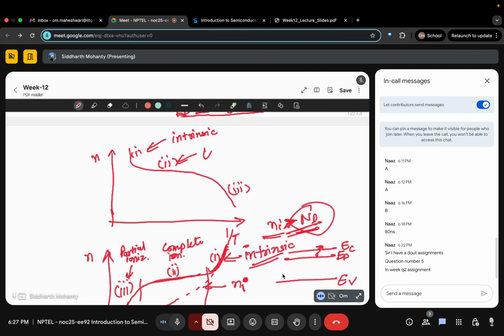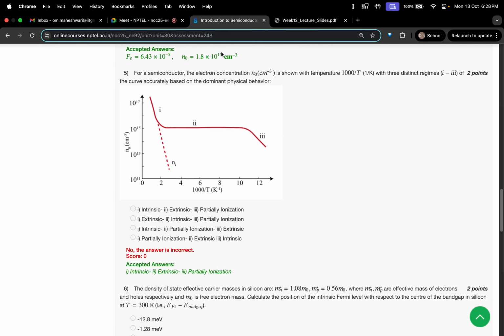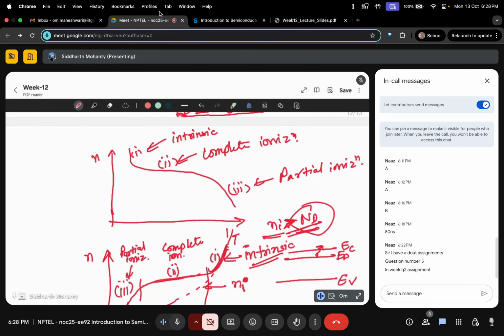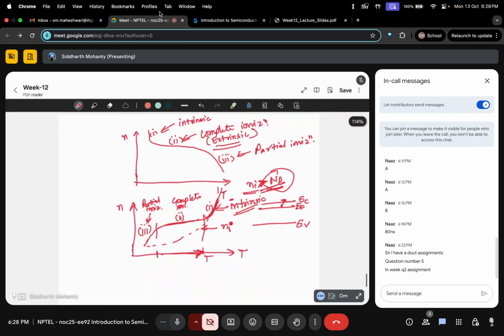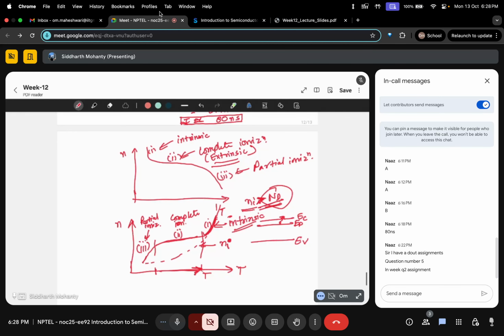This is complete ionization. This is partial ionization. Now complete ionization is the extrinsic semiconductor region. I hope this is clear.